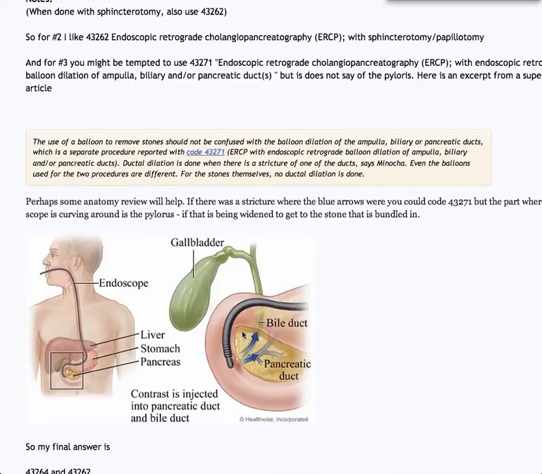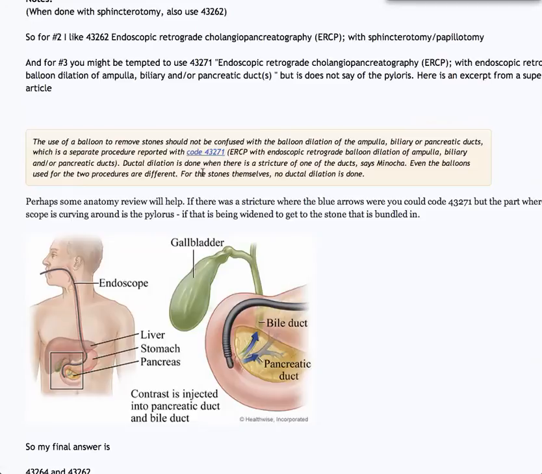The pylorus is over here, and our scenario was balloon dilation of the pylorus. In digging deeper in some supercoder articles, it said the use of a balloon to remove stones should not be confused with the balloon dilation of the ampulla, biliary, or pancreatic ducts, which is a separate procedure.